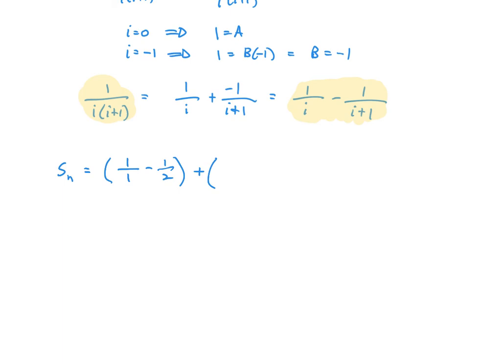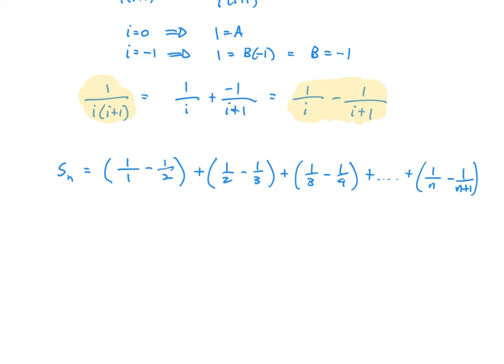It's going to be 1 over 2 minus 1 over 3. What's the third term going to look like? It's going to be 1 over 3 minus 1 over 4. And so on and so forth. What would the very last term look like? The very last term is going to look like 1 over n minus 1 over n plus 1.